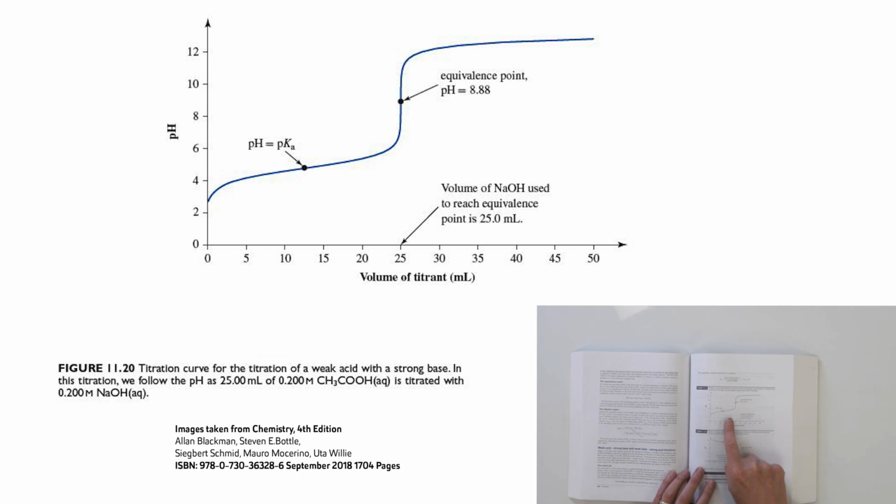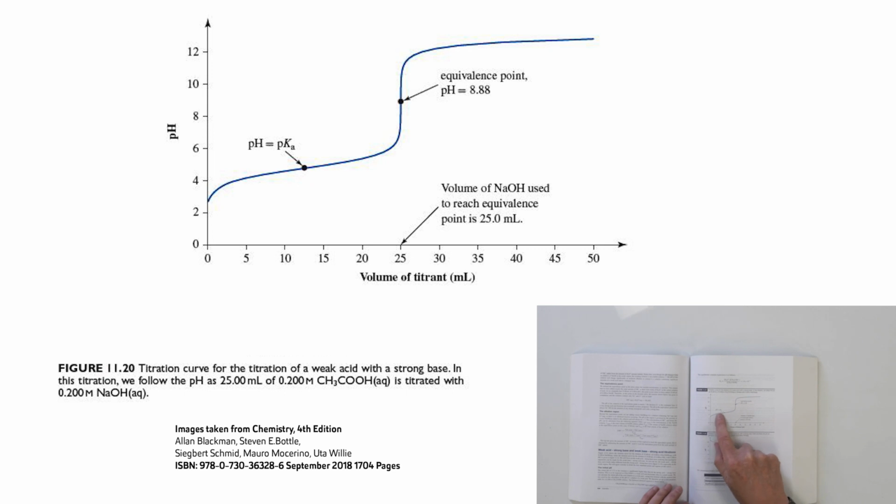Here we go now, weak acid, strong base titration. And you can see pretty immediately that there are some differences. For starters, we're not starting at such a low pH because now we've got a weak acid, 0.2 molar acetic acid. So we start at a pH around about 2.7-ish, there or thereabouts.